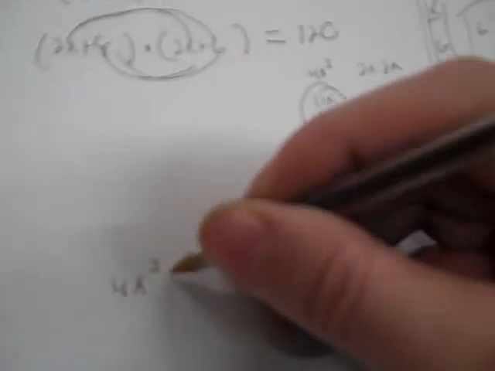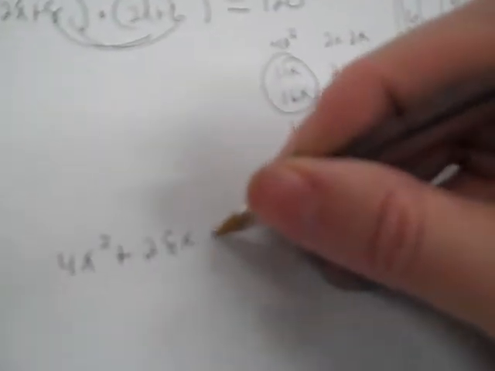It's going to be 12x, 16x, so circle those, and then 48. Okay, so equals 120, and then I've got 4x to the second, 12 plus 16, okay, is 28. So 28x plus 48.